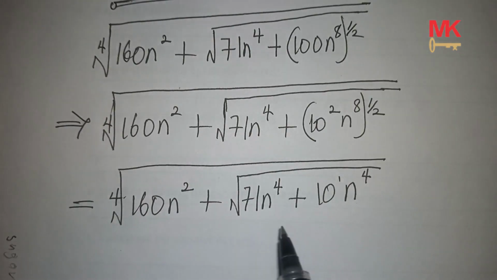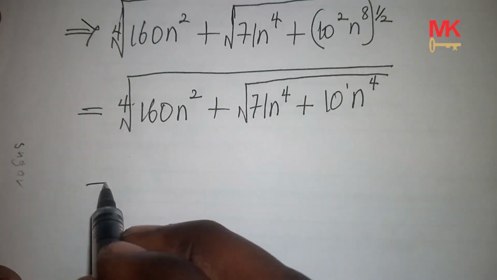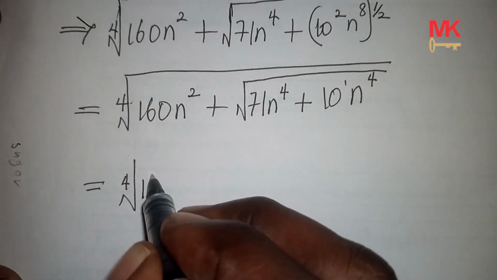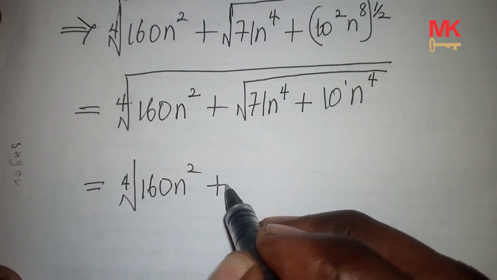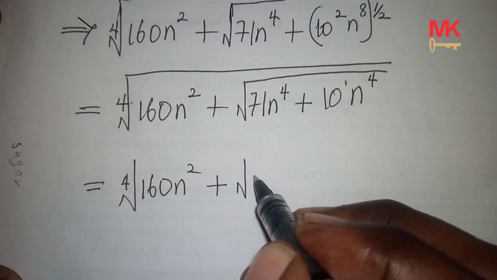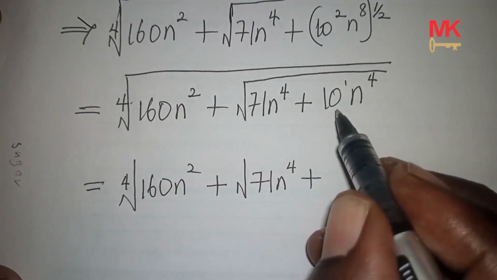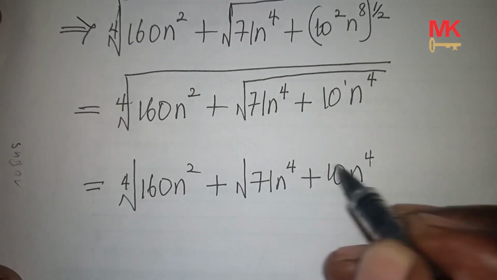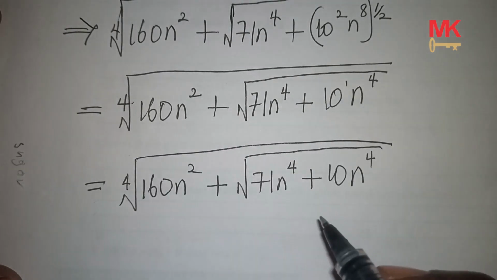So what we are having now, you can see that these two things are now like terms. So on that note, this is now equal to, we'll still keep the normal fourth root. We have 160n squared plus the square root of 71n raised to power 4 plus, you get rid of this one to get 10n raised to power 4, showing that they are now like terms.